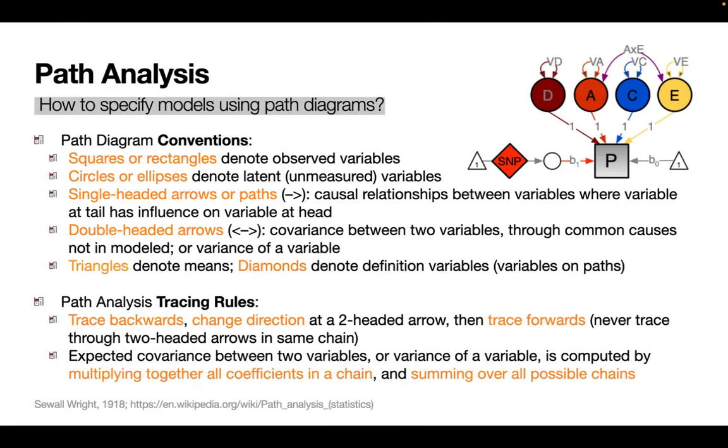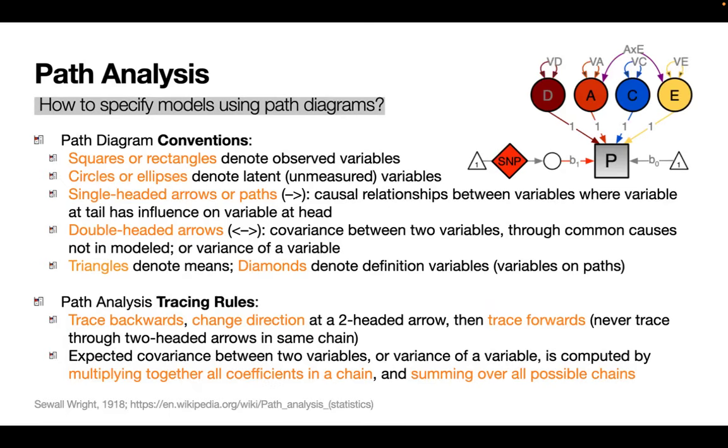To be able to read a diagram and to derive the expectations for the covariance between different variables from such a diagram, it's important to follow some very simple but strict rules. And these are that you can trace backward, which means going from the head of an arrow to the tail of an arrow, change direction in a double-headed arrow, and then trace forward. But it's important that you can't trace through two-headed arrows in the same chain.